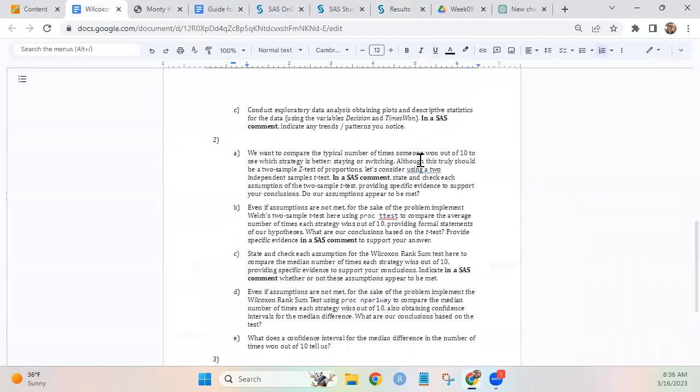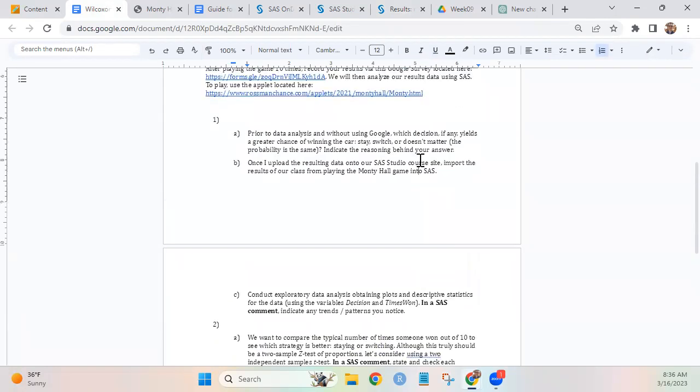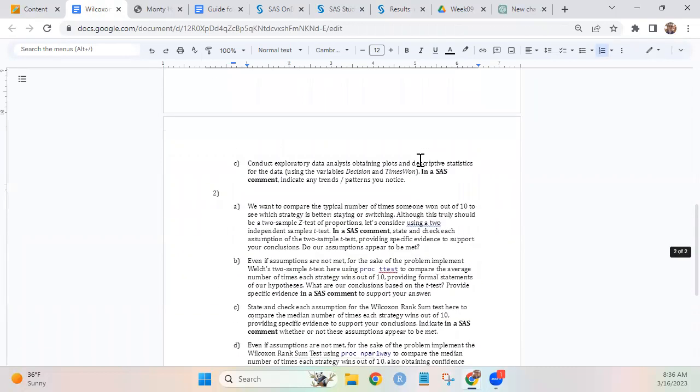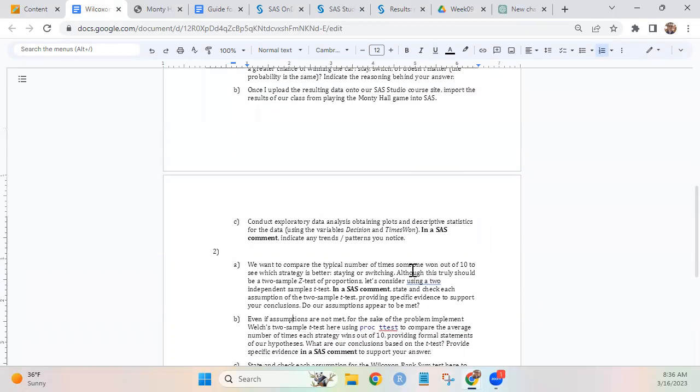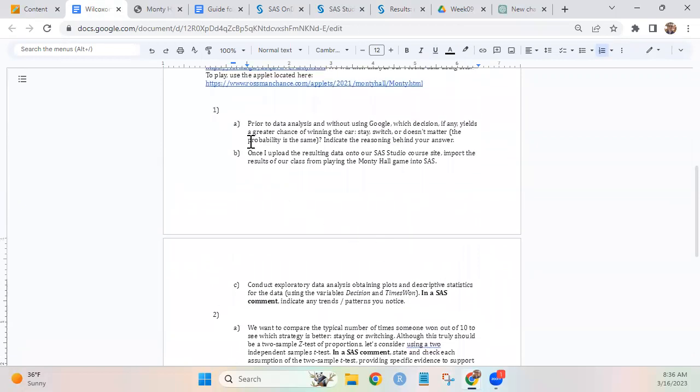So let's see exactly which part we ran. Okay, 1C. And I updated the SAS document a little bit to make clear that this is not a regular activity where we type everything in the SAS program itself. When we type responses, we'll do it in the SAS comments. Okay. All right, so we've gotten through 1C.